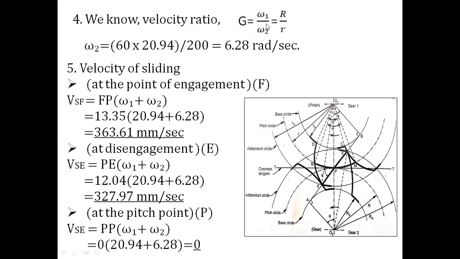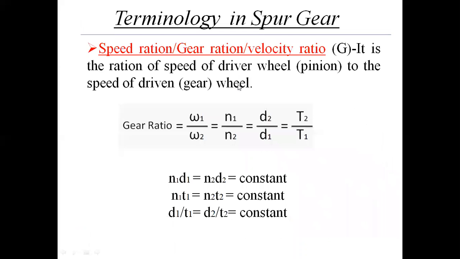See here, in the terminology of spur gear, we have studied that gear ratio is the speed of driver to the speed of driven. It is in angular velocity, this is linear velocity, revolutions per minute.